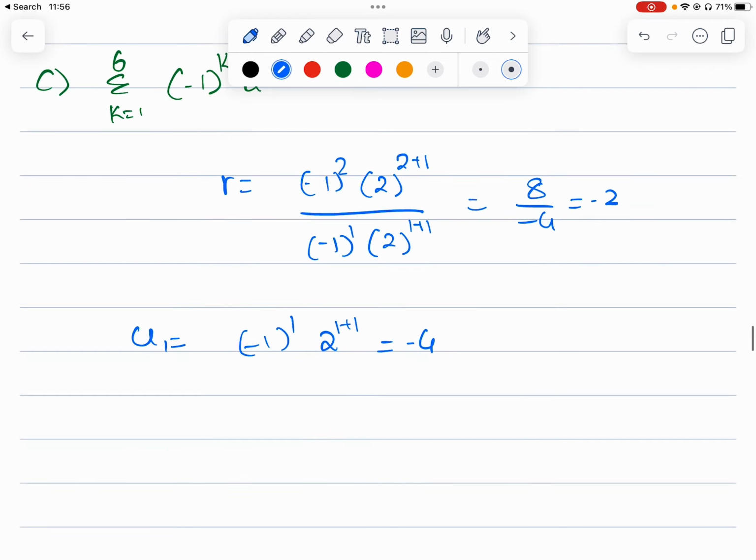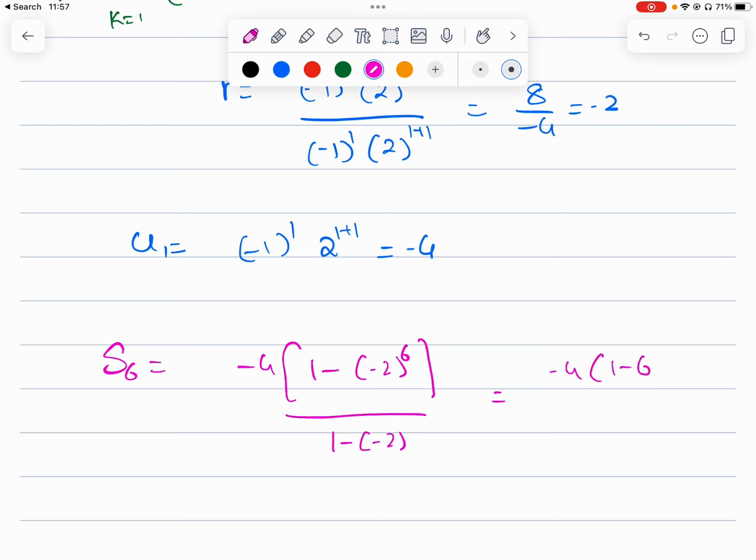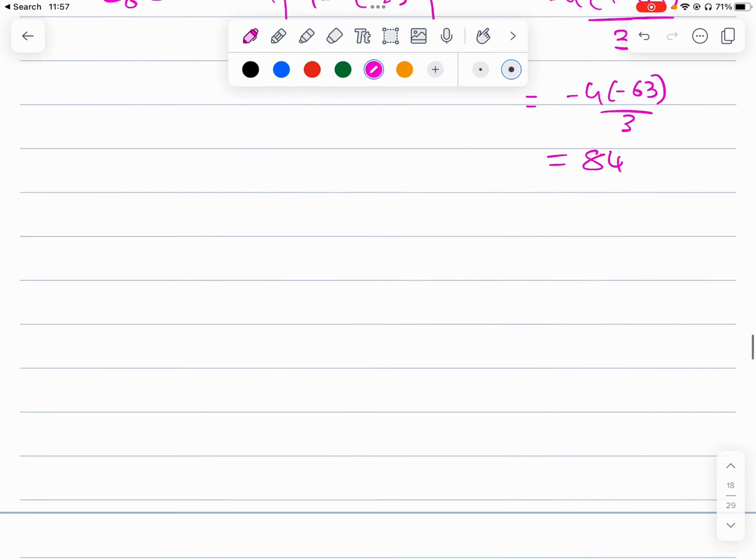There are 6 terms, so I am going to find S6. It is u1 times 1 minus negative 2 whole power 6 divided by 1 minus negative 2. Simplify: negative 4 times 1 minus 64 upon 3, so negative 4 times negative 63 upon 3, which is 84.